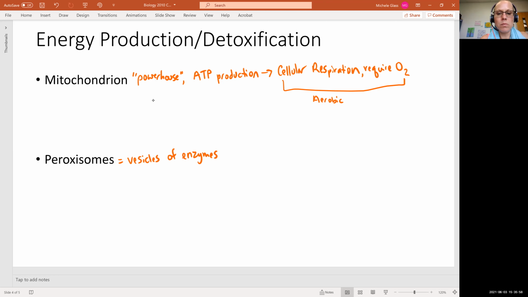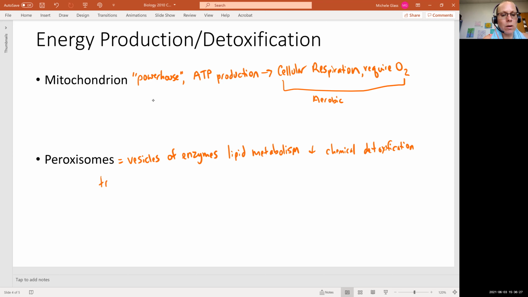But these enzymes are going to be involved in lipid metabolism, meaning breaking down lipids, and chemical detoxification, particularly neutralizing alcohol. So again, you might see a large number of peroxisomes in liver cells for that reason.